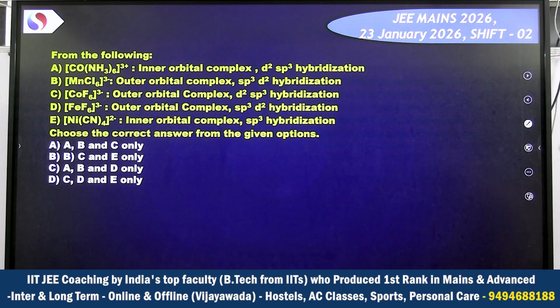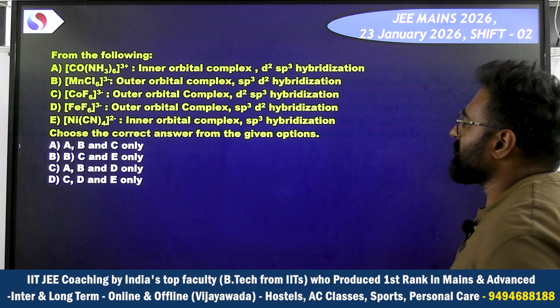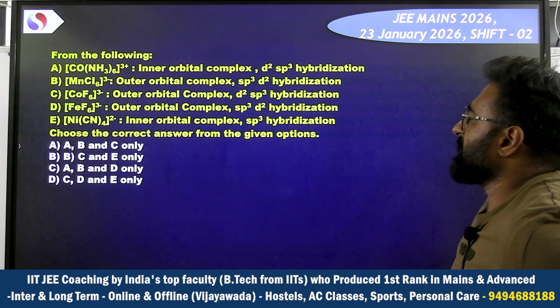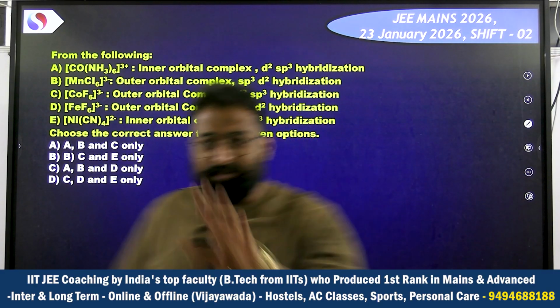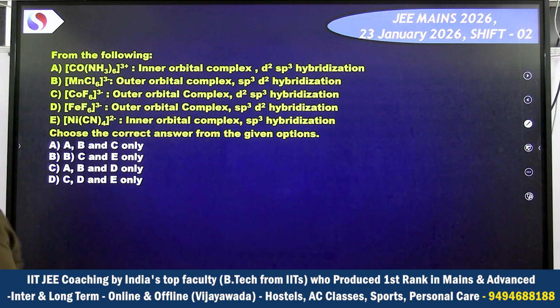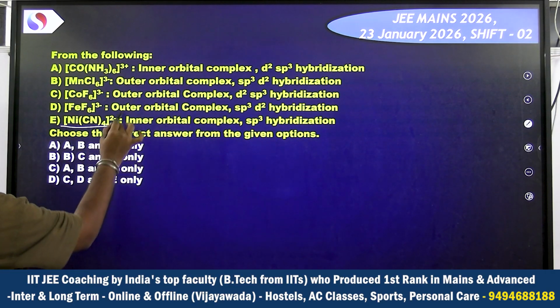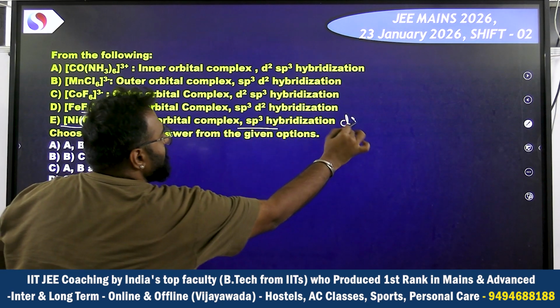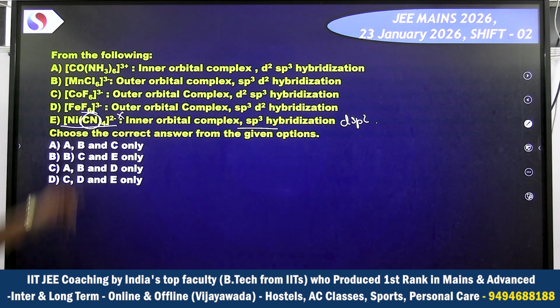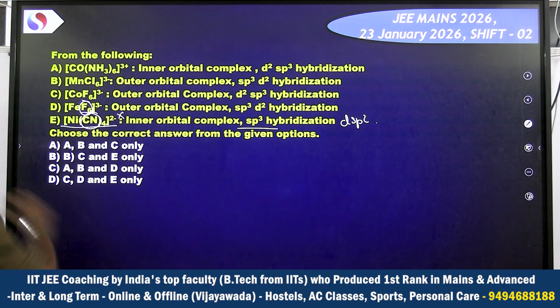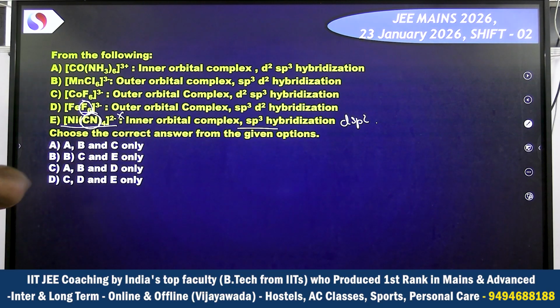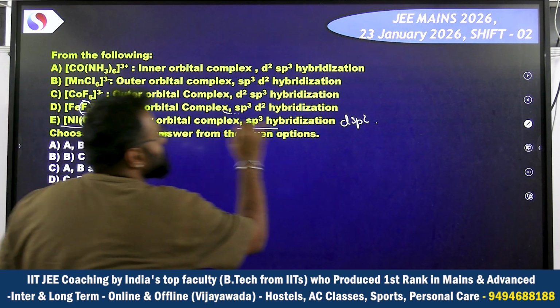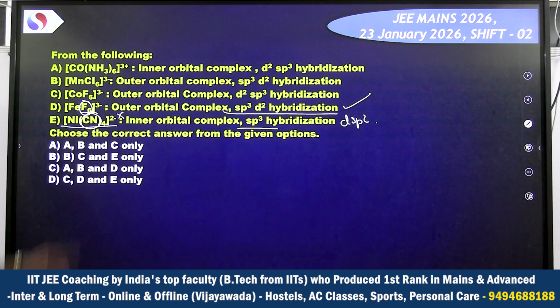Next, which of the following options are given? Chalo, again this is simple technique question. Which of the following are inner orbital complexes? So dekho, simple analysis. You don't need to even go into details. Obviously not possible because strong ligand, so hybridization will be dsp2. Weak field ligand, correct? So it will be sp3d2, correct option. Again, weak field ligand. So C is incorrect.